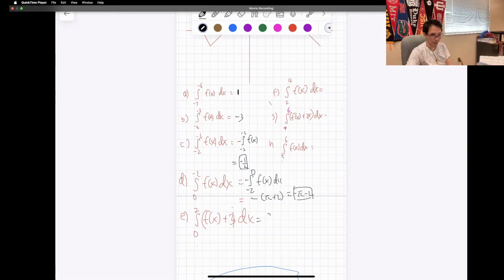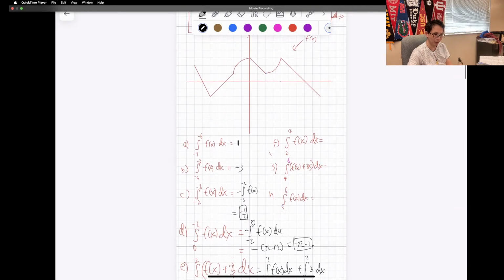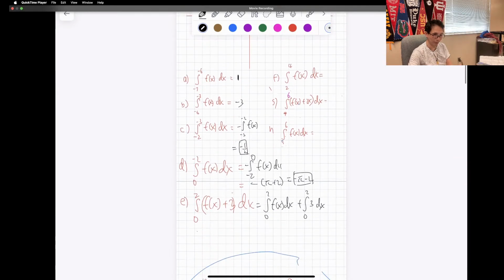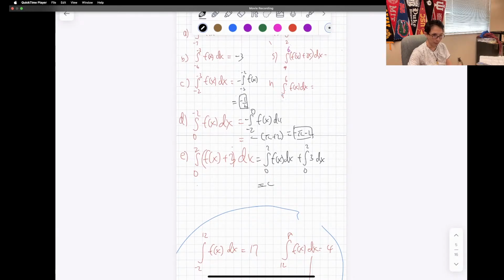So, the integral of 0 to 2 of f of x dx, I can break it up into 2 pieces. This one is gonna give you 1, 2, 3, 4. It's 4. But the integral of 3 just means the height is 3, and from 0 to 2, that's equal to 6.